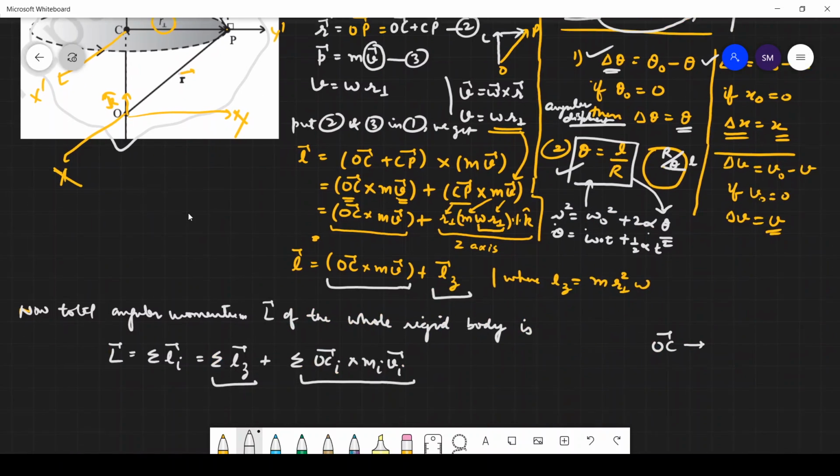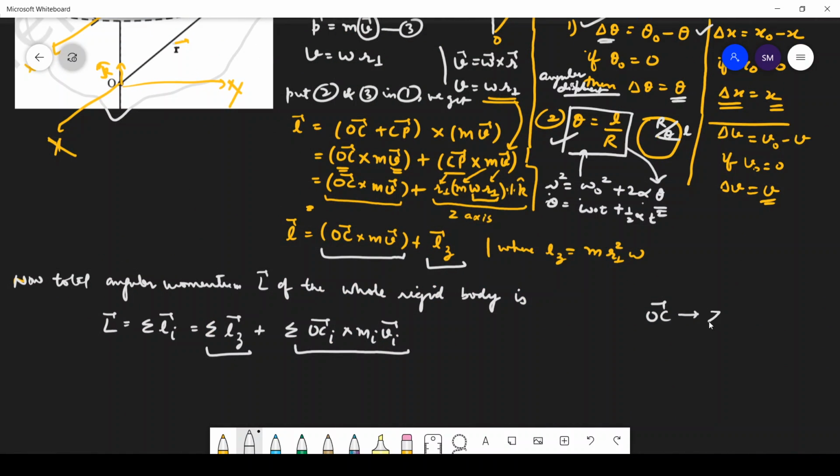So OC is along the z-axis, and the direction of this V is tangential, so it keeps on changing. The direction of Vi keeps on changing. That is fixed, but the direction of Vi keeps on changing. It's tangential, right? So the direction of Vi keeps on changing.